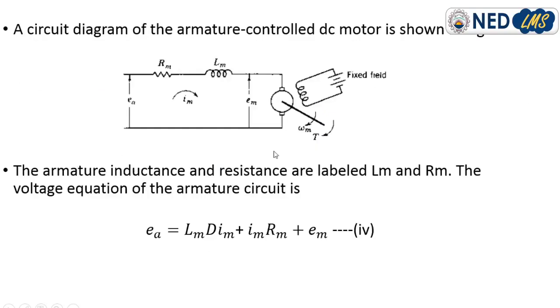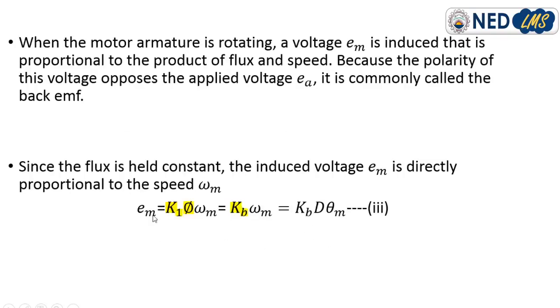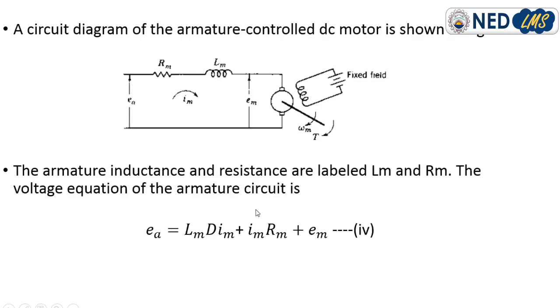So I want to represent this Im in terms of omega m, and similarly Em in terms of omega m. For Em, we have equation number 3, in which we said that back EMF depends on the angular velocity. So we can substitute this value here.